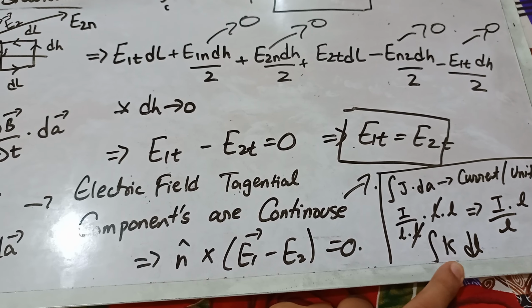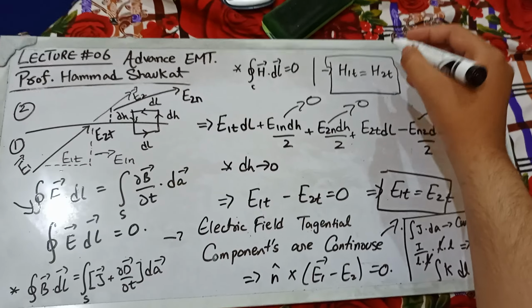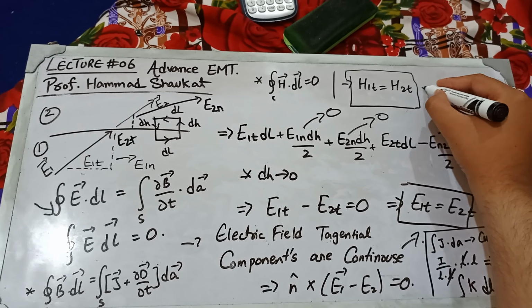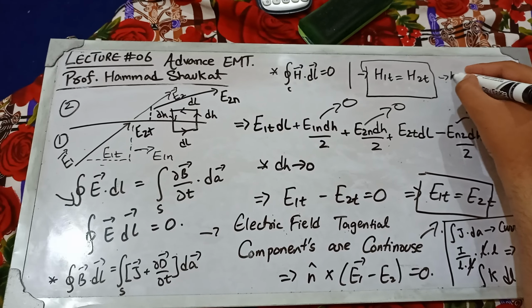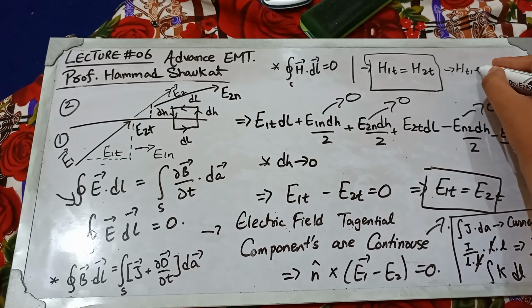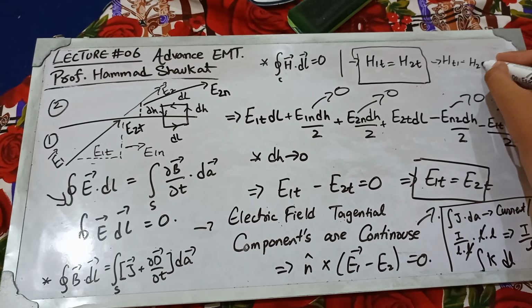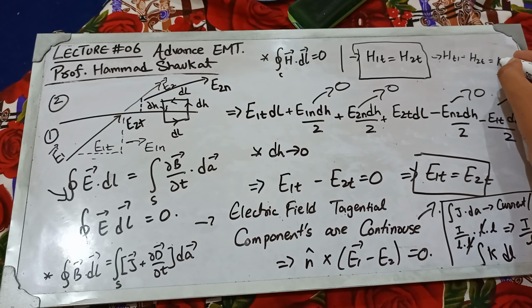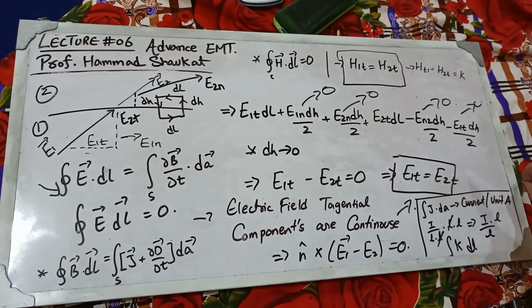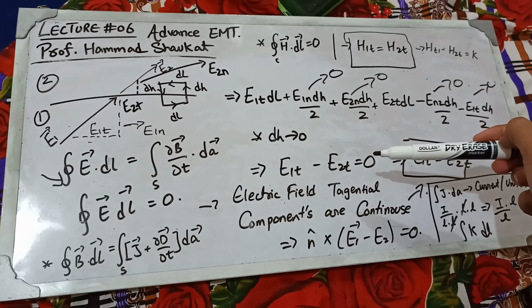If you are finding current per unit length for the case of magnetic field, then your final relation is H1t minus H2t equals K. In the general case, we showed that E1t minus E2t equals 0.